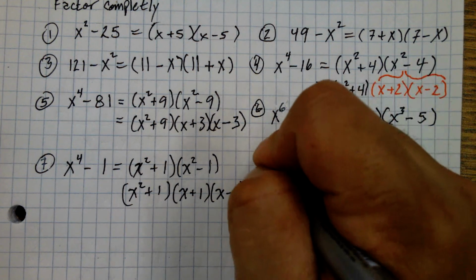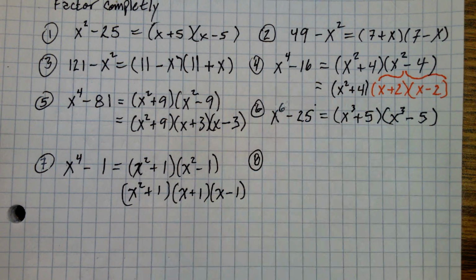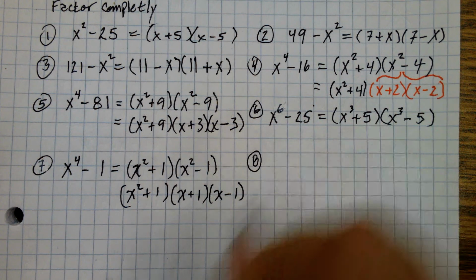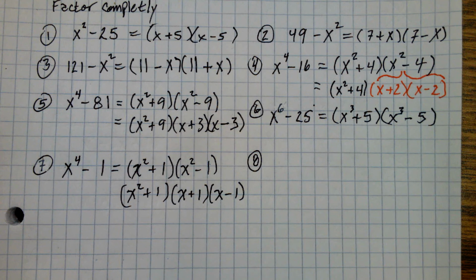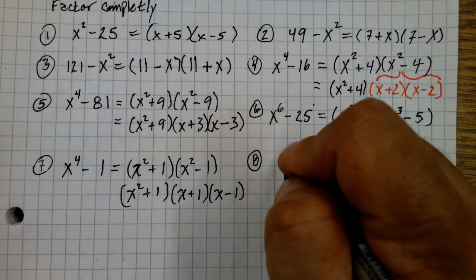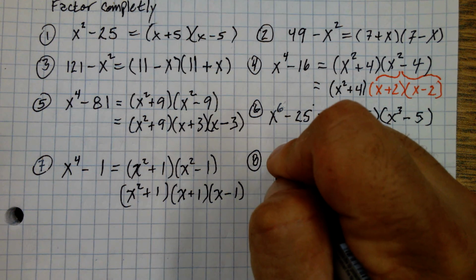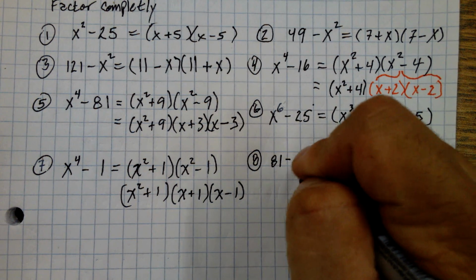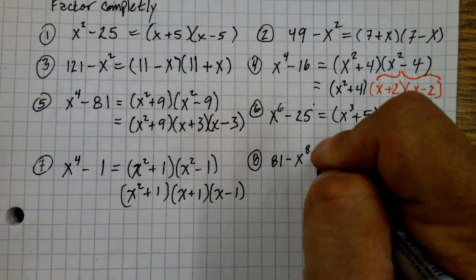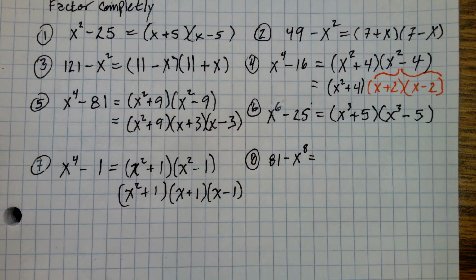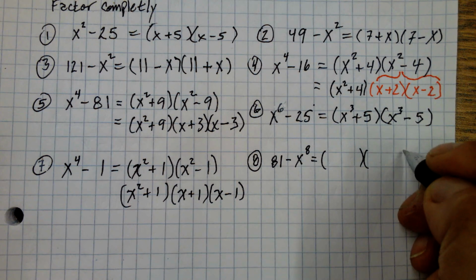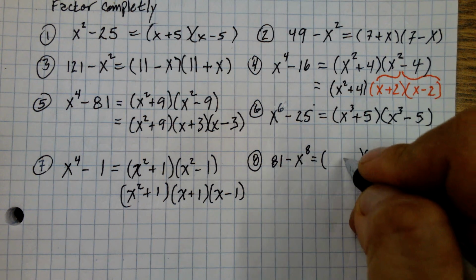All right. Number 8. Today it's just examples so you can see the pattern. And I'm going to forewarn you, you can break this down further after the first thing you break down. Okay. 81 minus x to the 8th. Think about how you can break this up into difference of squares.